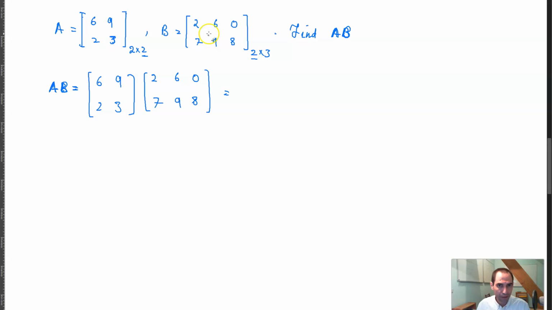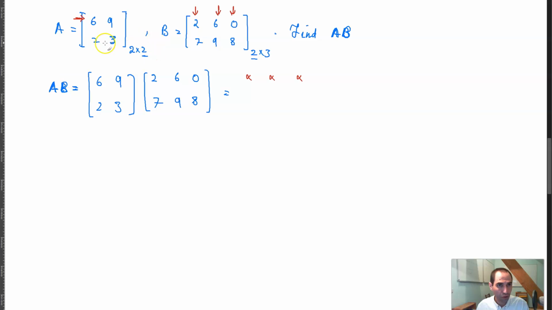Which means that you have to always start from the first row and go through all of the columns. You pick the first row over here, and you stay here and first go to the first column, then to the second column, and then to the third column, and you write the results of all of those calculations here, here, and here.